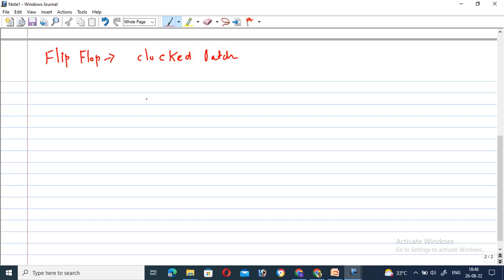In order to control the inputs, we need a clock signal. So for that purpose, a clocked latch is generally called a flip-flop.